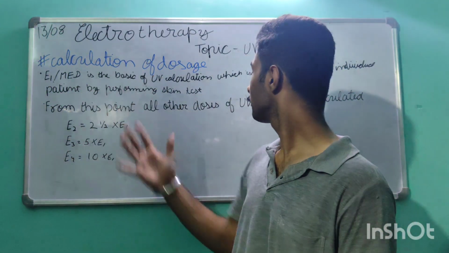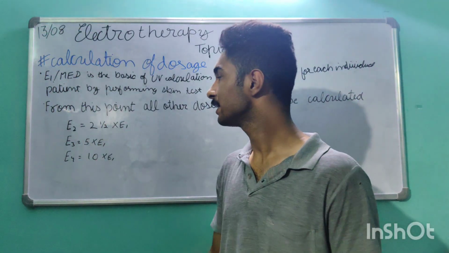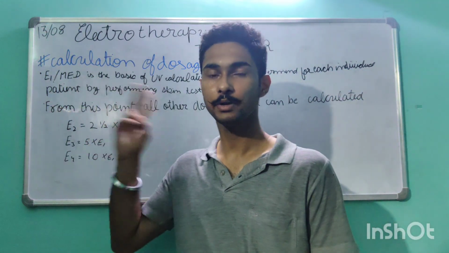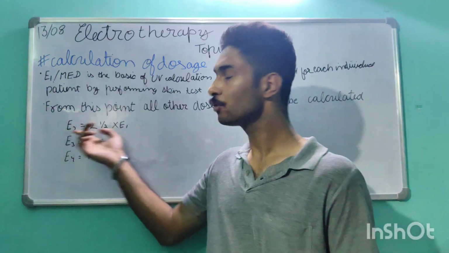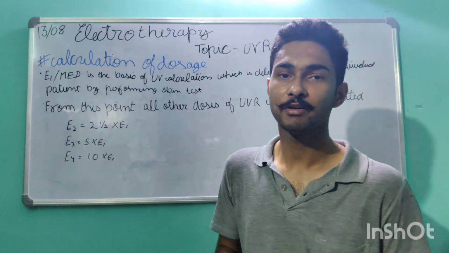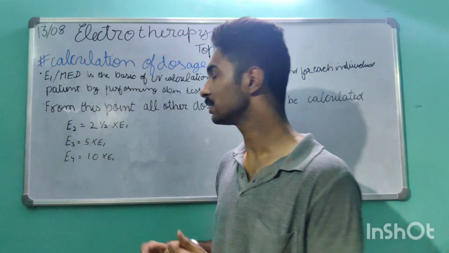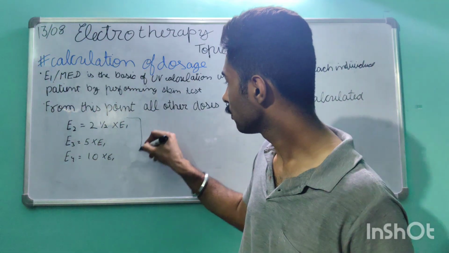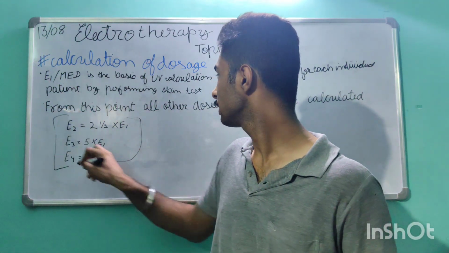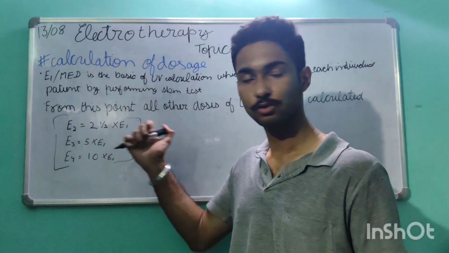From that point we have other doses of UVR: E2, E3, E4. For the calculation of these doses there are formulas. These are the basic formulas you can use for calculating the doses of UVR.